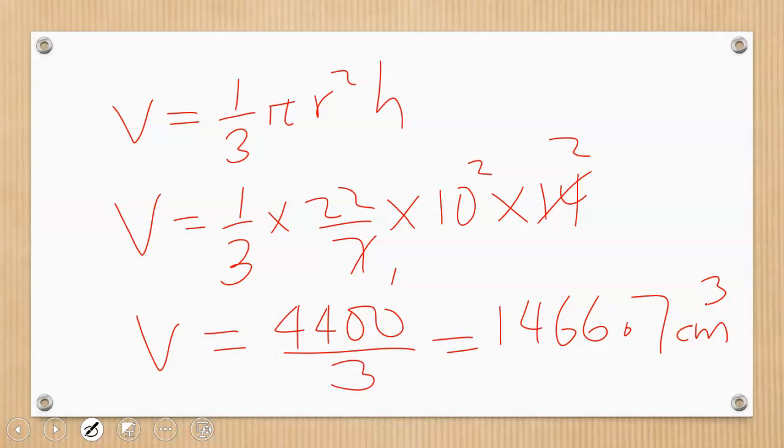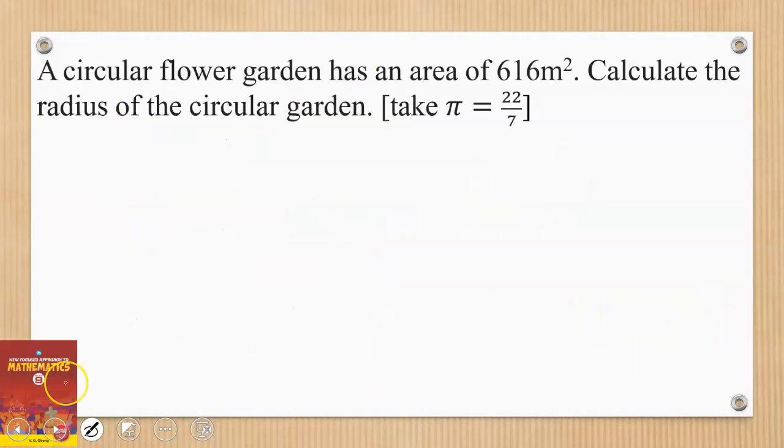Okay, let's take another example and see. A circular flower garden has an area of 616 meters squared. We want to find the radius of the circular garden, knowing pi to be 22 over 7. Once they mention a circular flower garden, we are anticipating a circle.